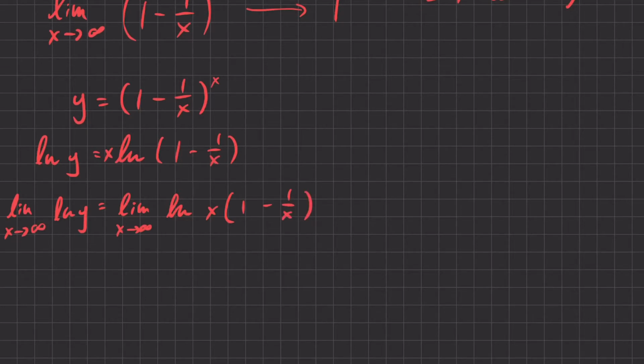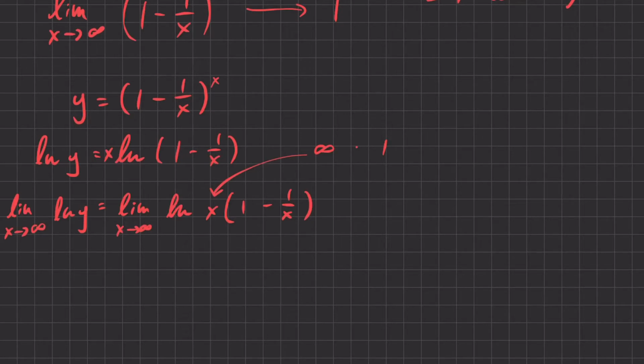And when x goes to infinity, let's see what happens. This goes all the way to infinity, and I've got 1 minus 0. So I've got infinity times 1. So that is not going to give us L'Hopital's rule.